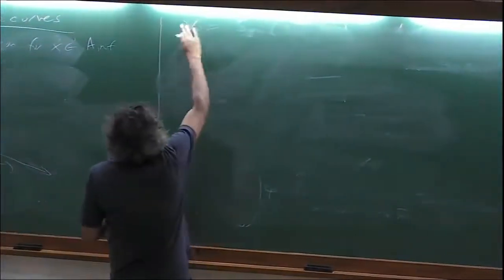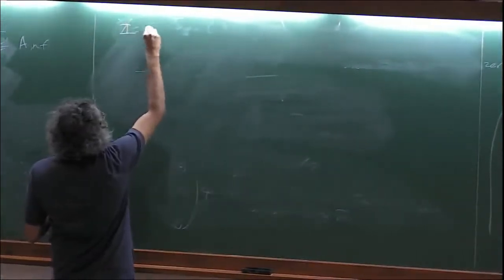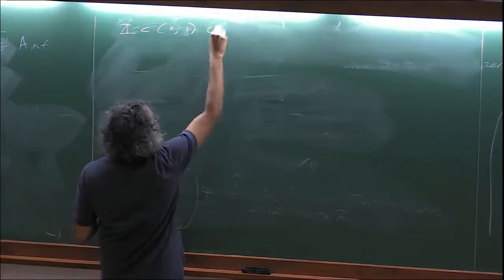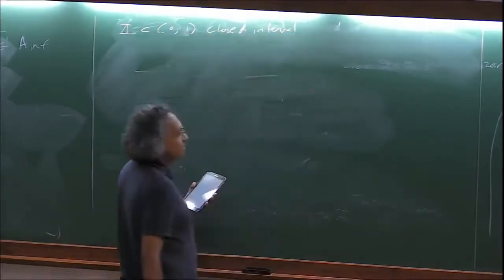So now I have all of these absolute values on A-inf. Now let me define a ring by modifying A-inf and then completing. So take a closed interval I inside (0, 1).